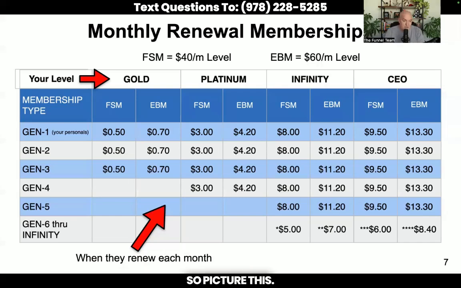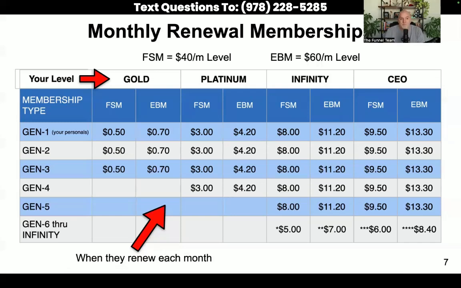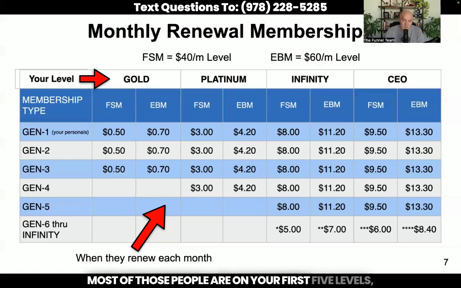So picture this. If you had 500 people on your team or 1,000 people on your team, both of those would put you at the CEO rank where you would be getting anywhere between $6 and $13.30 per person on your team. And chances are, most teams, the way that they grow, most of those people are on your first 5 levels. Also, in myEcon terms, known as your super team.